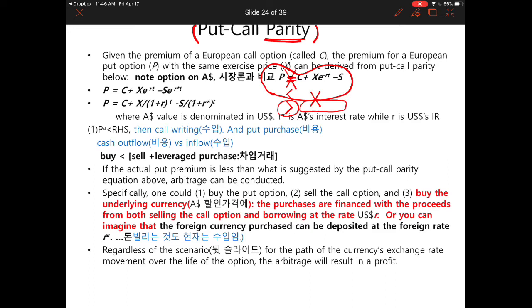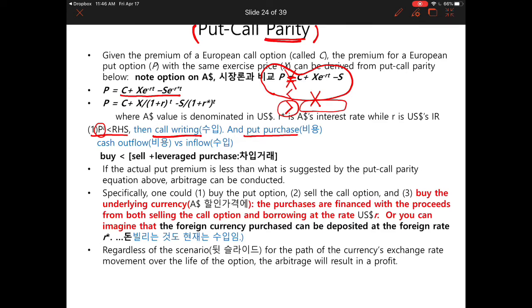So here, first try. The put premium is lower than the whole right-hand side value, right? Then what I'm suggesting is this kind of strategy: write the call and take the revenue by taking the premium for writing the call option. And at the same time, you need to purchase a put. Purchasing a put, you have to pay a premium, and that's going to be your cost.